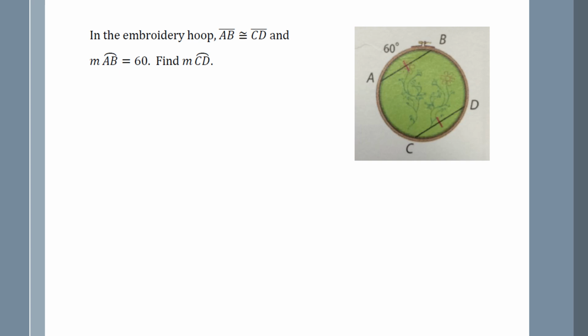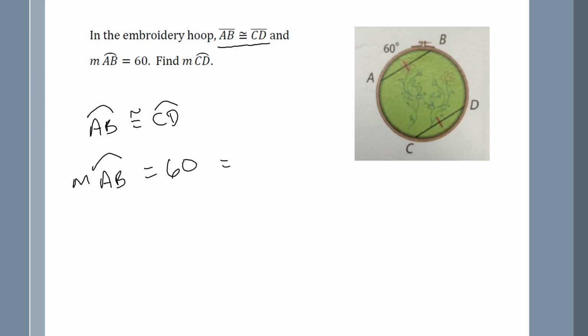Well, since AB is congruent to CD, then arc AB is congruent to arc CD. So if the measure of arc AB is equal to 60, then that's true for the measure of arc CD. So the measure of arc CD is 60.